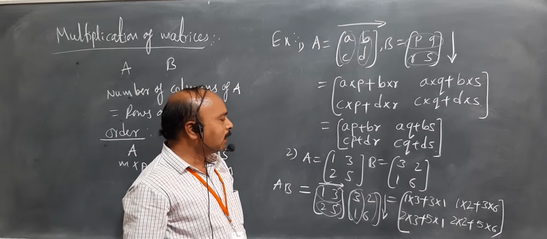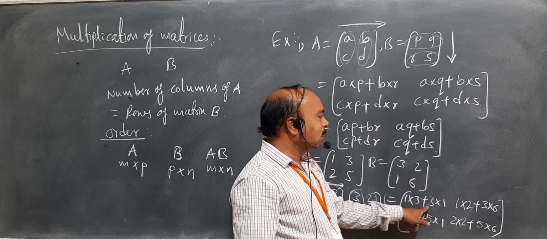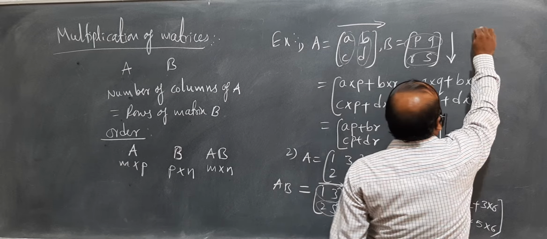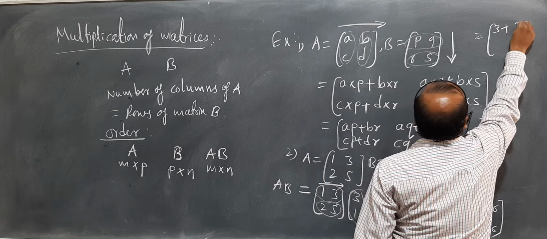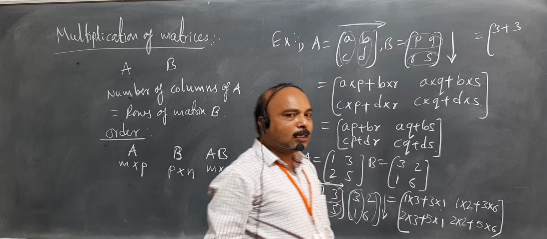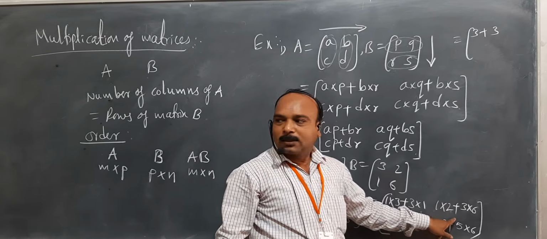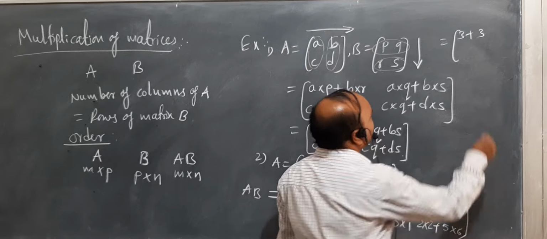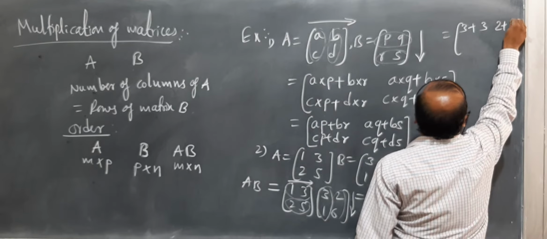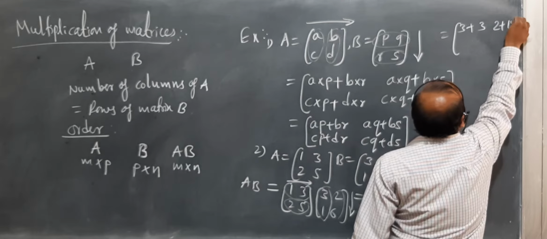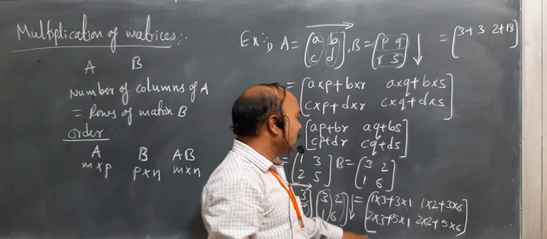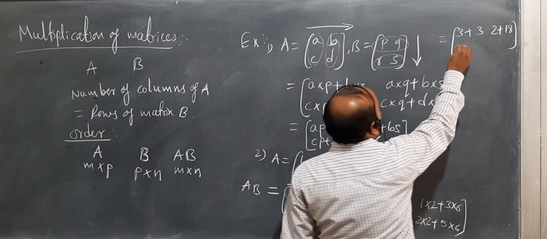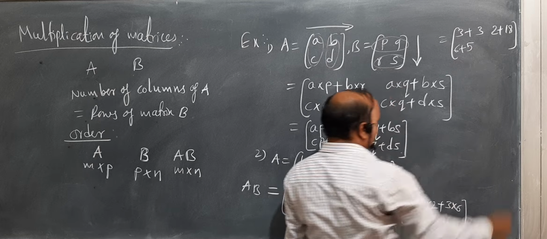Now you simplify this. 1 into 3 is 3, 3 into 1 is 3. So it is 3 plus 3. Next, second element, 1 into 2 is 2, 3 into 6 is 18. It is 2 plus 18. Next, 2 into 3 is 6 plus 5.